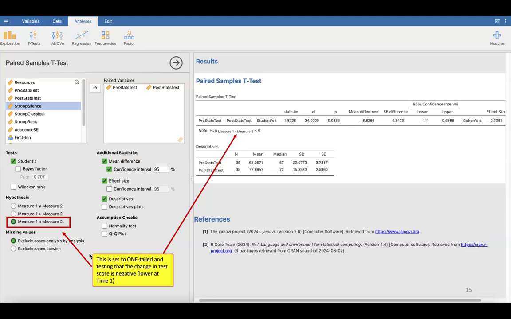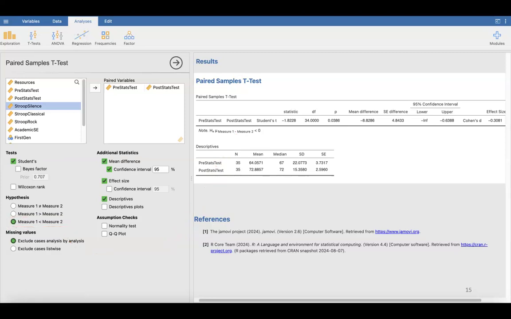So here, this one-tailed test, the way it's set up is that if it's negative, if we're looking for less than 0, that means we expect the first score, which is the pre-score, to be lower. So now, how we interpret this. I always like to ground myself in the descriptive statistics. It's also a good way to make sure you didn't make a mistake.